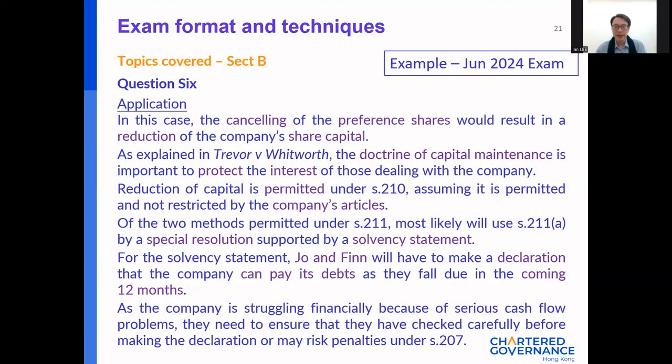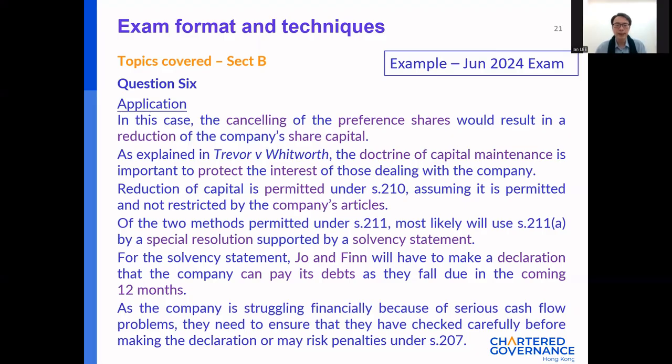So of the two methods under Section 211, most likely would use the first one under subsection A, and that is by a special resolution supported by a solvency statement. So for the solvency statement, the directors, so it will be Joe and Finn, will have to make a declaration that the company can pay its debts as they fall due in the coming 12 months.